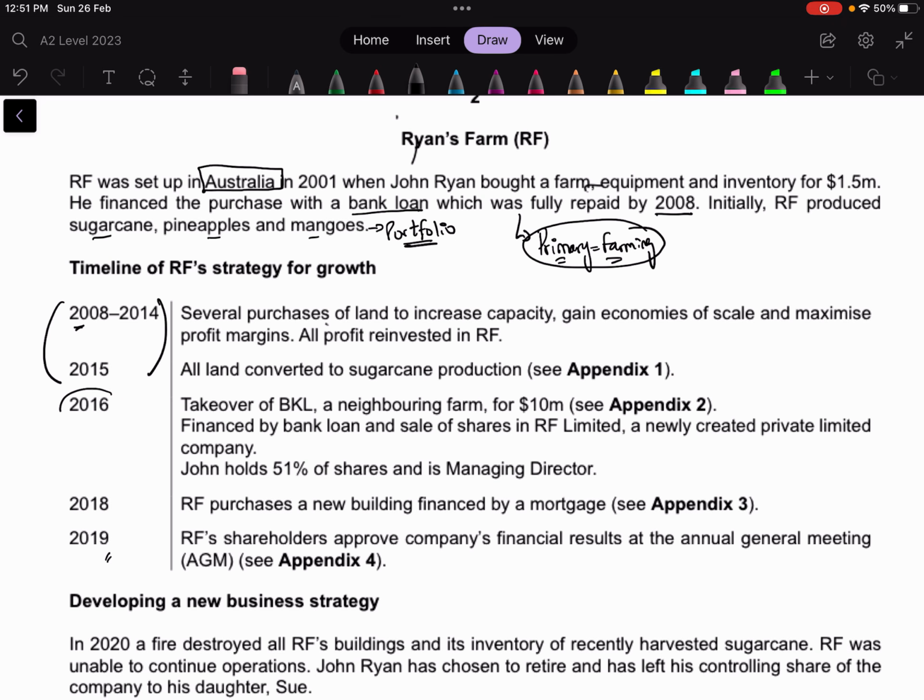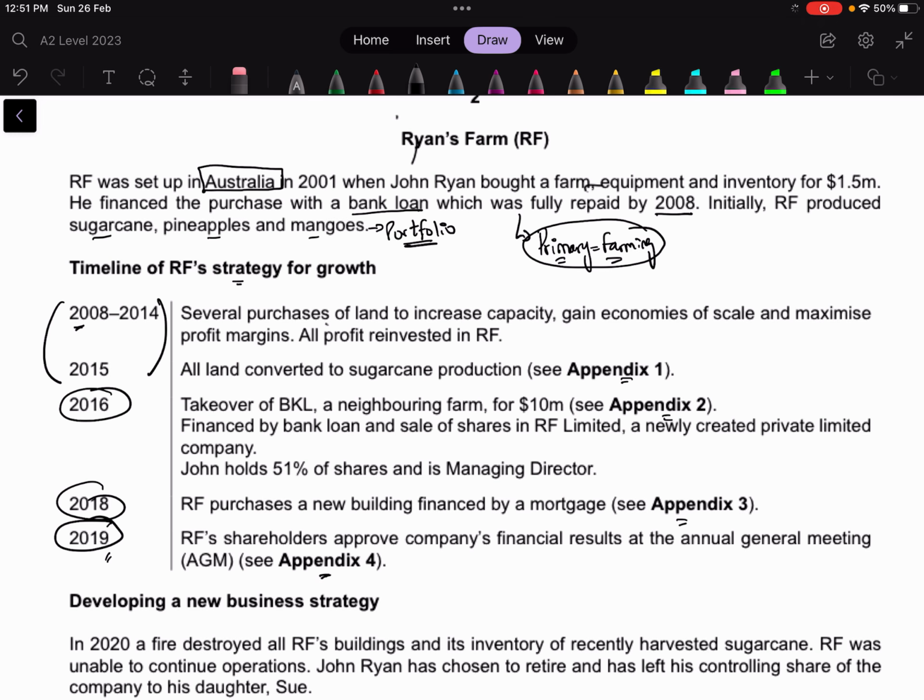Each of the varying timelines is actually giving you further information in the appendices attached below. While you're reading that timeline, you have to think about how the steps taken by the business proved to be successful with respect to the strategy, and proved to be unsuccessful or harmful for the business.